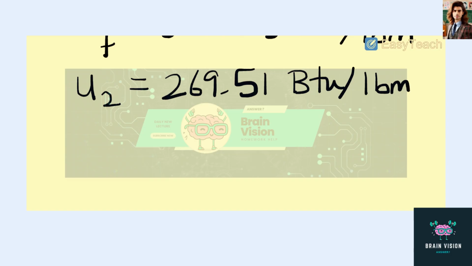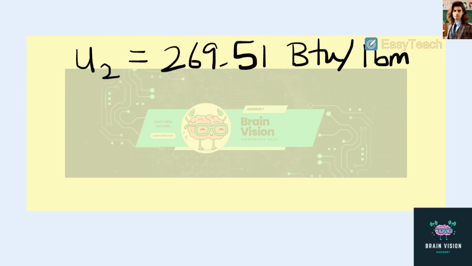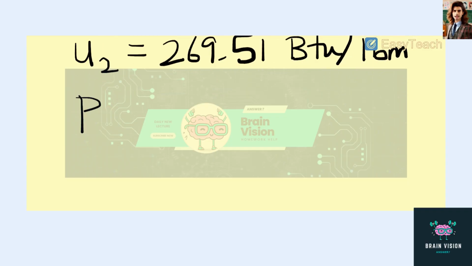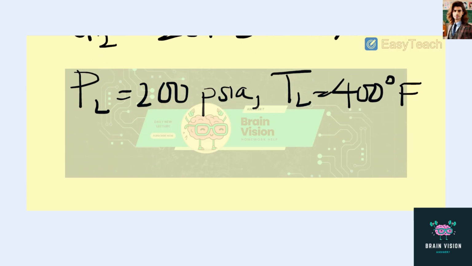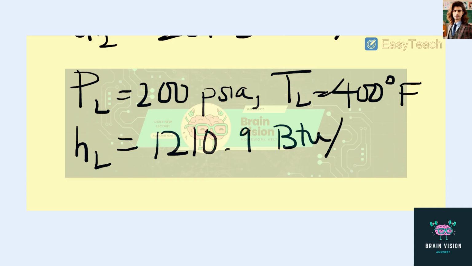In steam table A-6E, we know the pressure of the line is 200 psia, and TL, the temperature, is equal to 400 degrees Fahrenheit. We'll find that our enthalpy of the line is 1,210.9 BTU per pound mass.